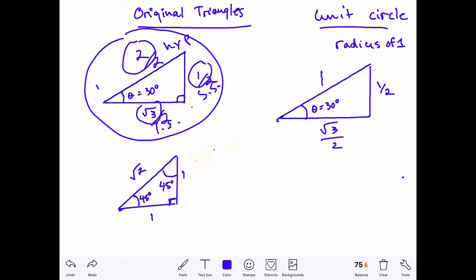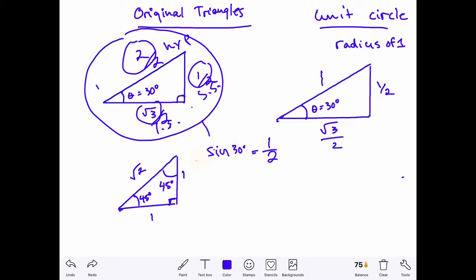So, say I used this to construct any trig function, sine 30. If I was looking at the original, it's 1 over 2, 1/2.